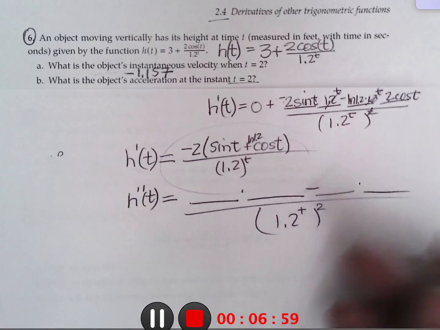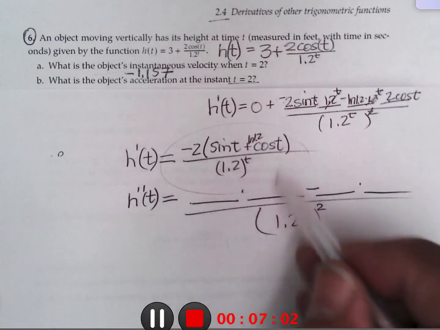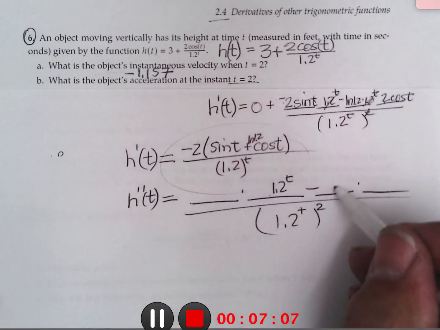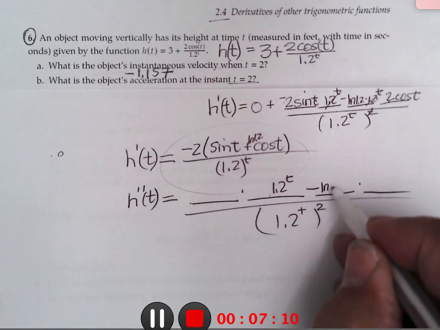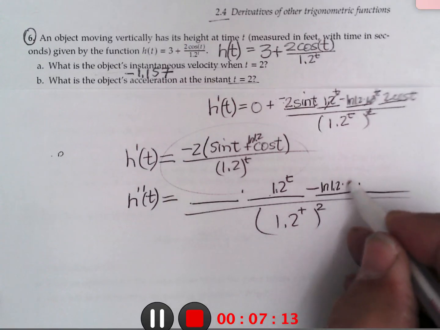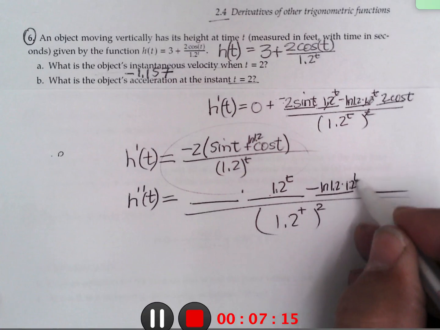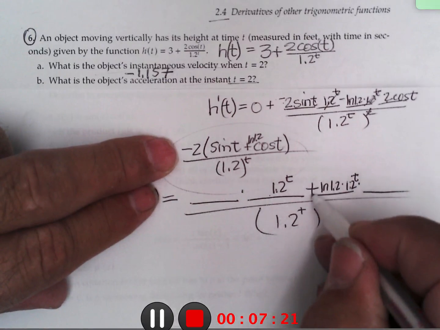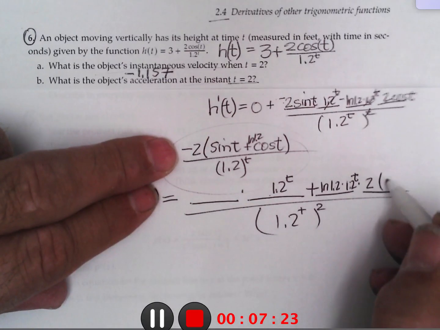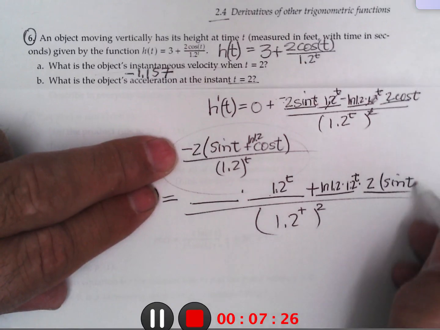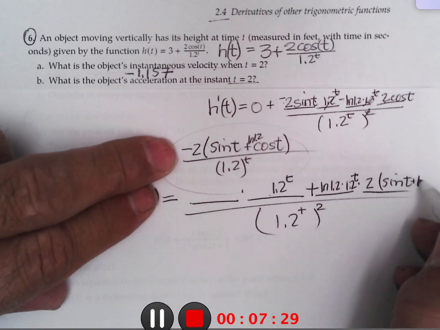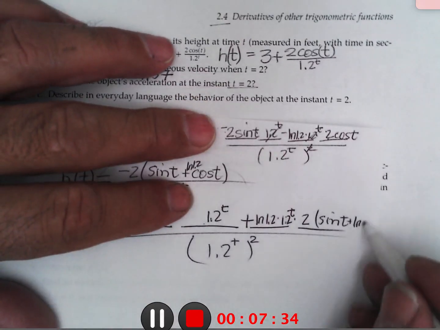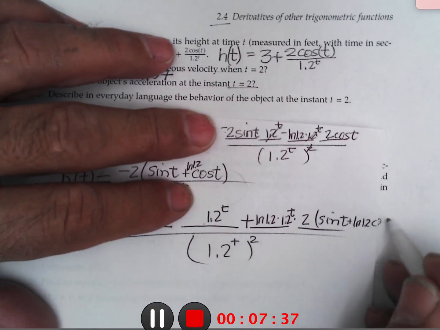And the derivative of the numerator times the denominator, that would be 1.2 to the t, minus the derivative of the denominator, that's ln of 1.2 times 1.2 to the t, times the numerator, a negative 2 plus ln 1.2 cosine t.